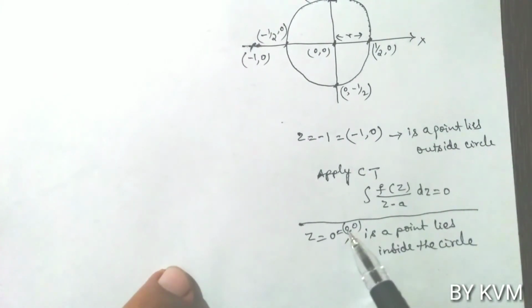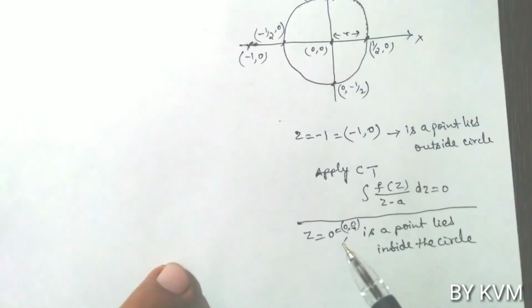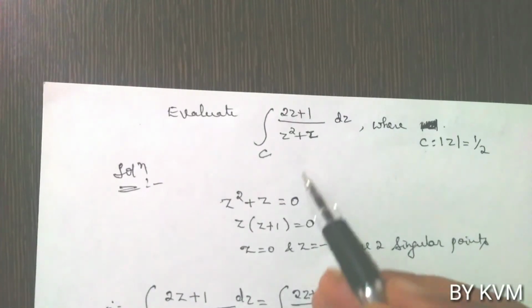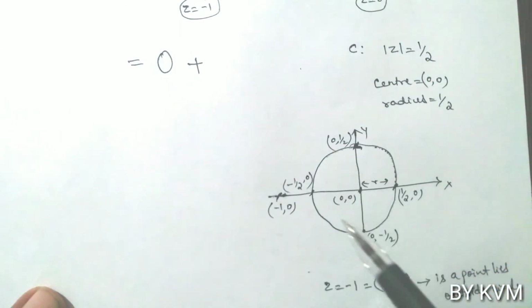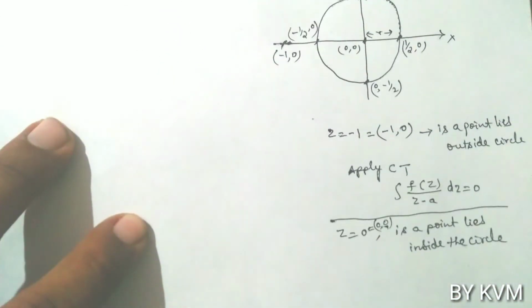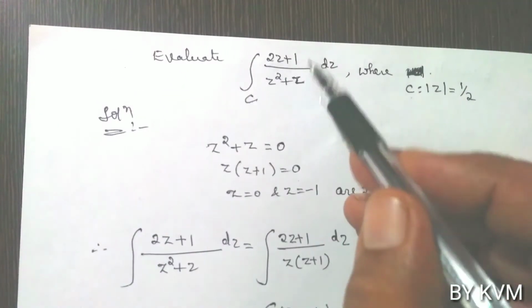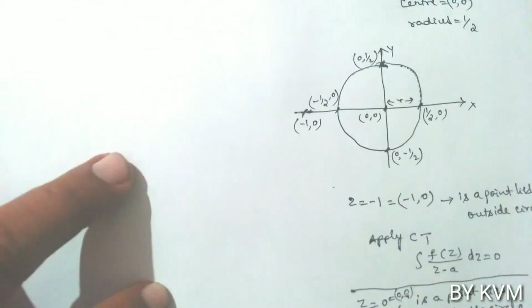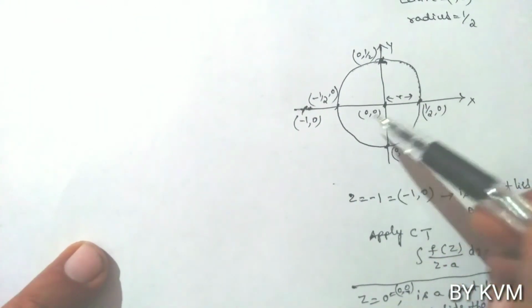So since it lies inside the circle, the singular point 0, 0 lies inside the circle, which means this given function is analytic inside and also on the closed curve C except at z equals 0. Except at z equals 0, the given integrand is analytic at each and every point inside the circle and also on the circle.